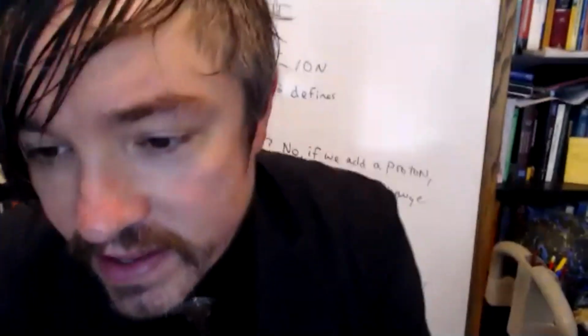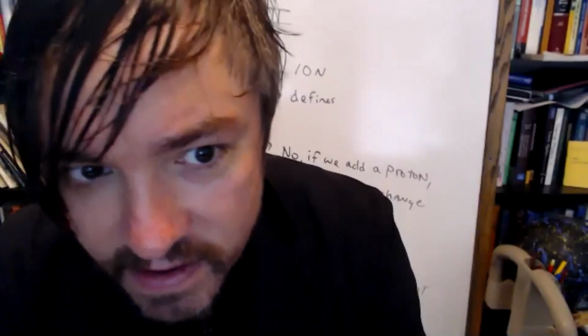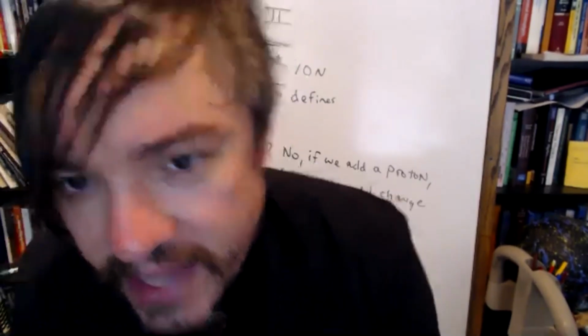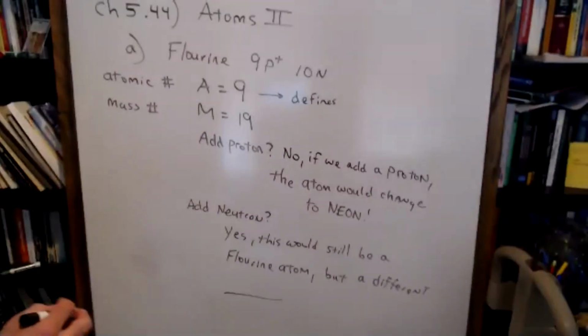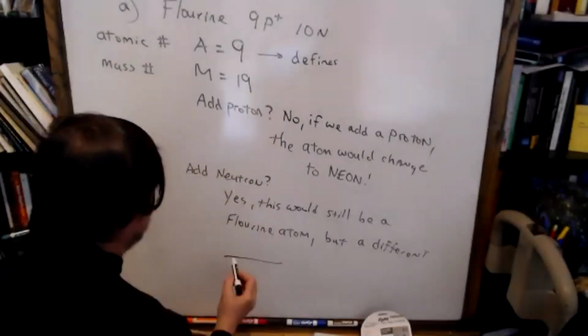We got to turn on our brains. Look in that notebook. What do you see? What does the mass number define? Would it be isotope? Thank you. That's right. This is a new isotope, and the isotope would be called fluorine-20.